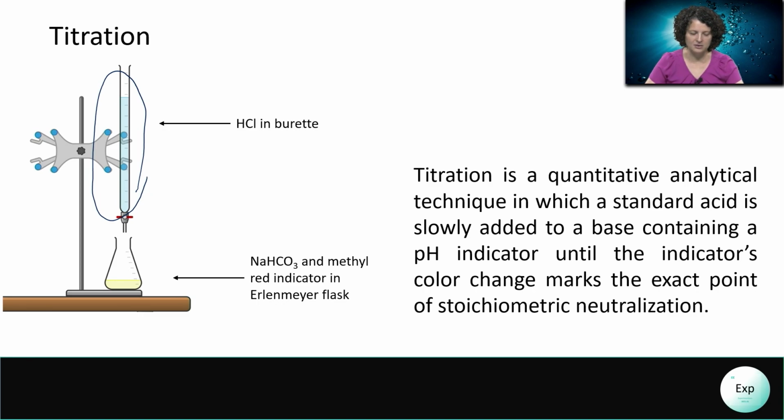In our case, the sodium bicarbonate is our base, and our indicator is methyl red. Methyl red is yellow when it is in a basic solution, and as more and more acid is added, it will slowly turn to orange and then red when it becomes acidic. As the titration progresses, we're looking at a transition from yellow to an orange or golden orange color.